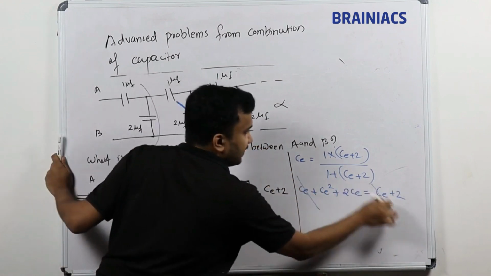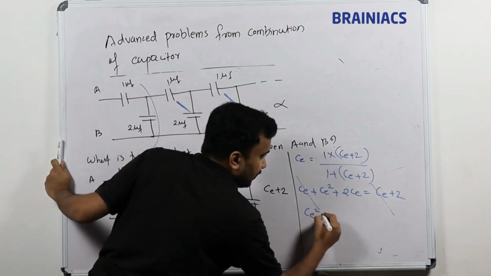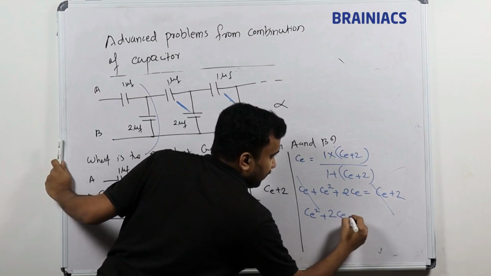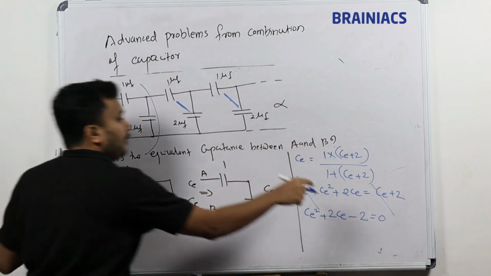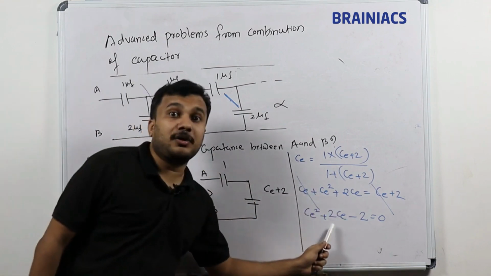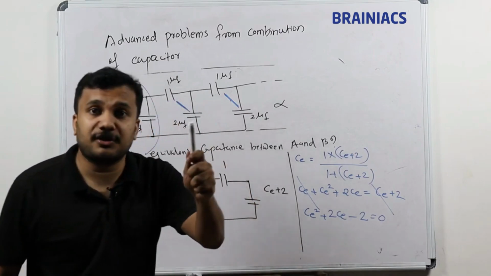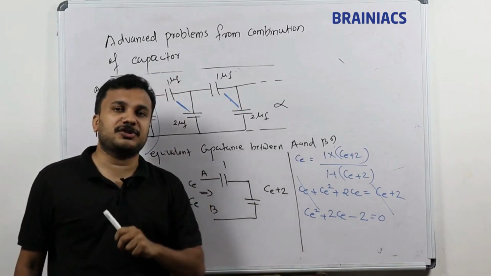C equivalent and C equivalent will get cancelled out. So C equivalent square plus 2C equivalent minus 2 is equal to 0. As I told before, we have reached a point where we get a quadratic equation. How many solutions does a quadratic equation have? Two.